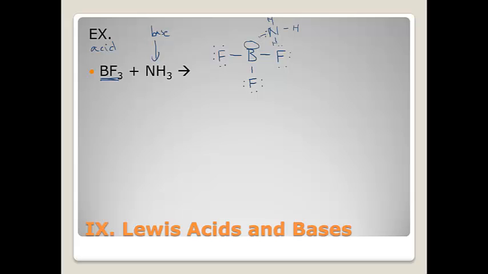It can make that coordinate covalent bond. Okay, what happens? You end up with the boron with a coordinate covalent bond to the nitrogen. The hydrogens are here. The fluorines are here. Okay, so boron really likes to attract those electrons. Okay, so that means boron will be the acid, and the ammonia is the base.